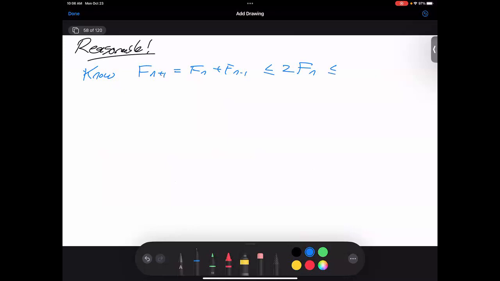How can I replace 2f_n? What's that less than or equal to? But what do we know about f_n?